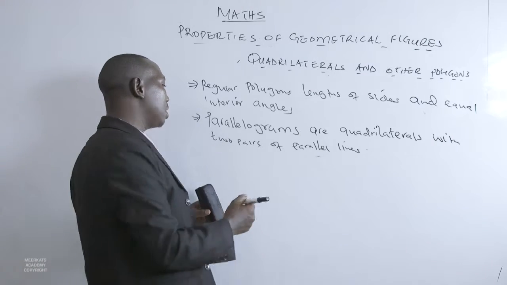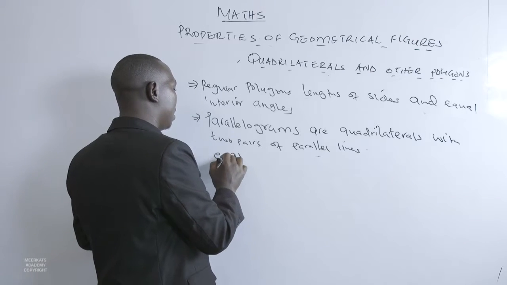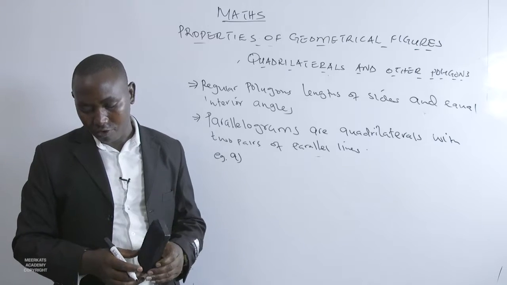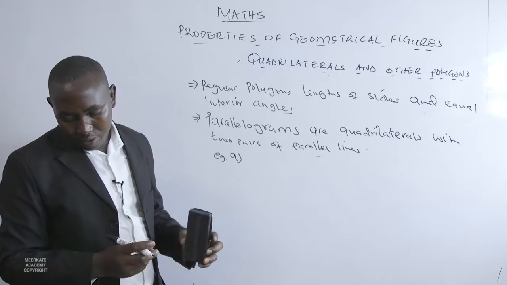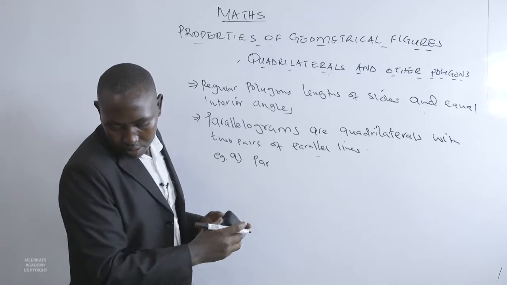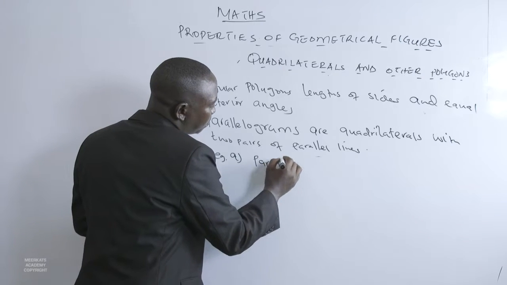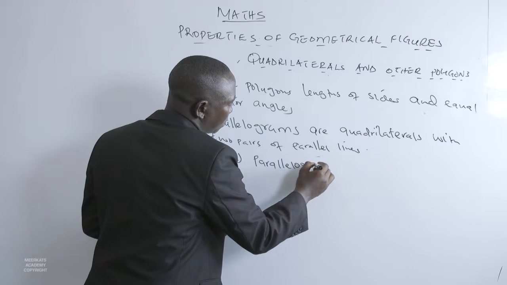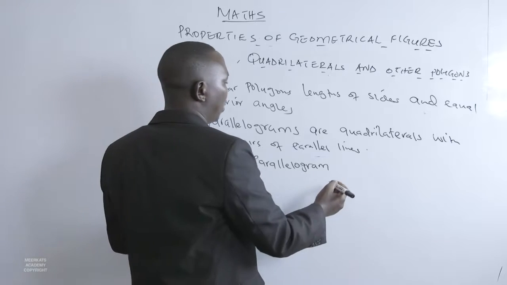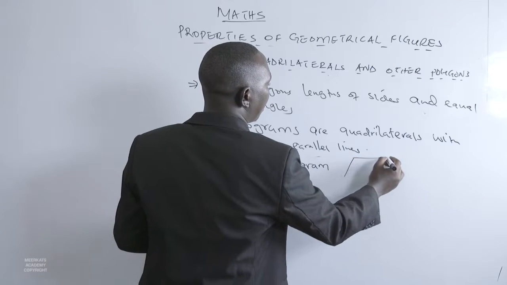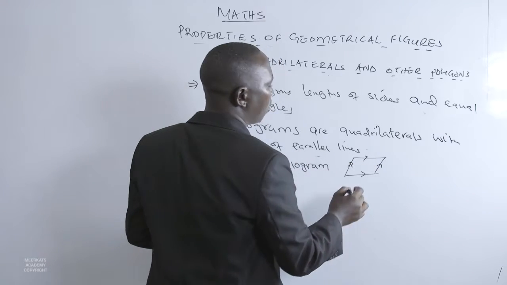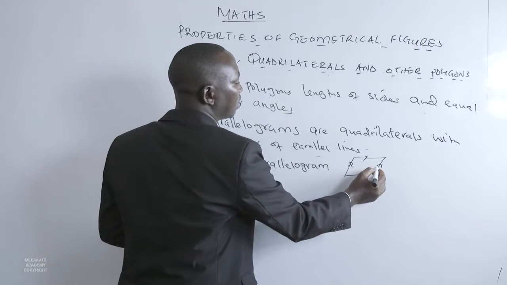So good examples of these parallelograms which have two pairs of parallel sides. One is the parallelogram itself, which we understand has two pairs of parallel lines.